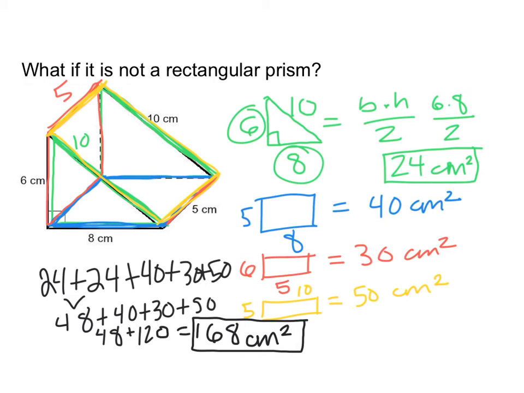I found the areas of the bases by treating them just as regular triangles and figuring out what their dimensions were. Then I did all of the lateral faces, those rectangles that connect the two bases together. Once I had all my sides figured out, I added them all up to get my total surface area.